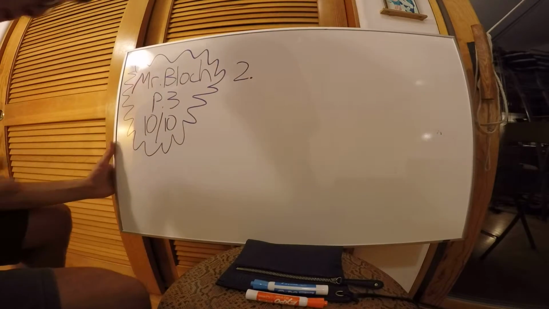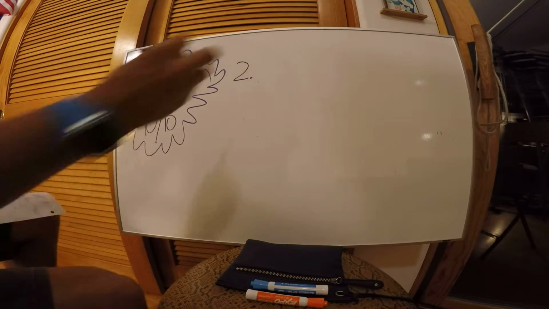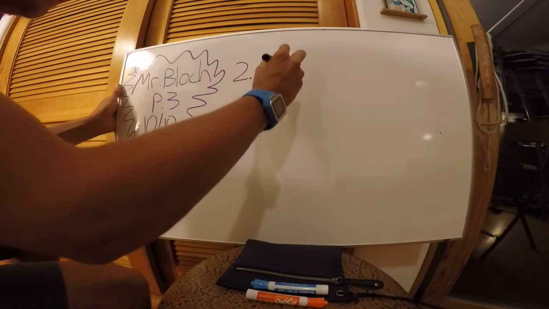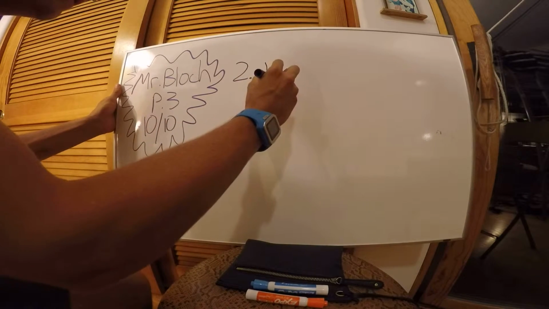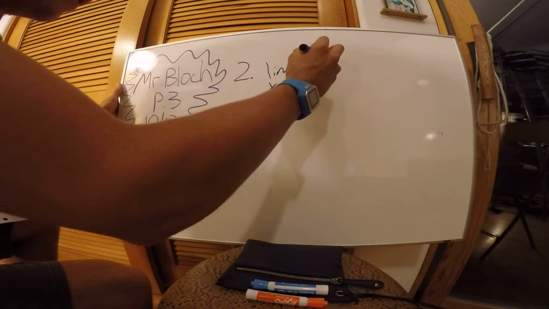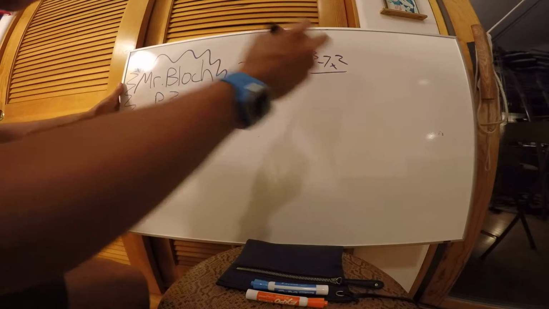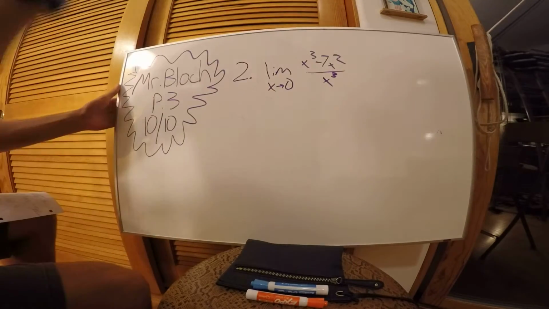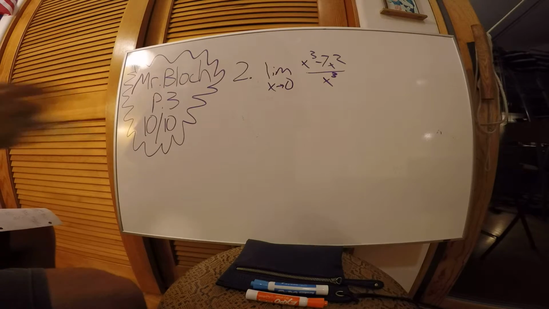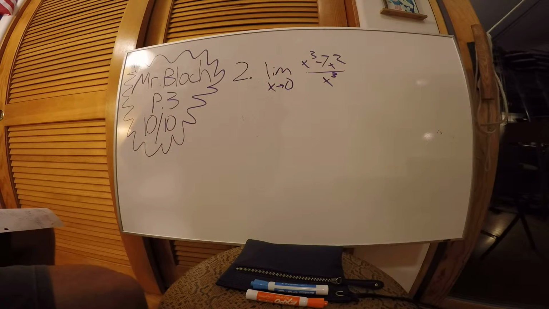This one, I'm just going to throw a little bit of a harder one at you. Okay, so the limit as x approaches 0 of x cubed minus 7x squared all over x cubed. Okay, so looking at this, you know that if you put 0 into the denominator, you will get an undefined value. So what you have to do is factor.